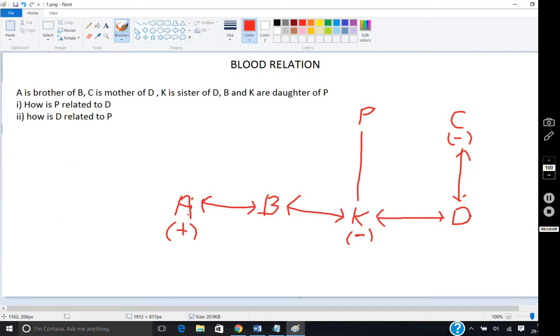Look, D and K are siblings and C is mother of D. It means C is also mother of K, and K is daughter of P. It means P will be plus, and here a curved line, because P and C are husband and wife. And B and K are daughters of P. It means B is also female.